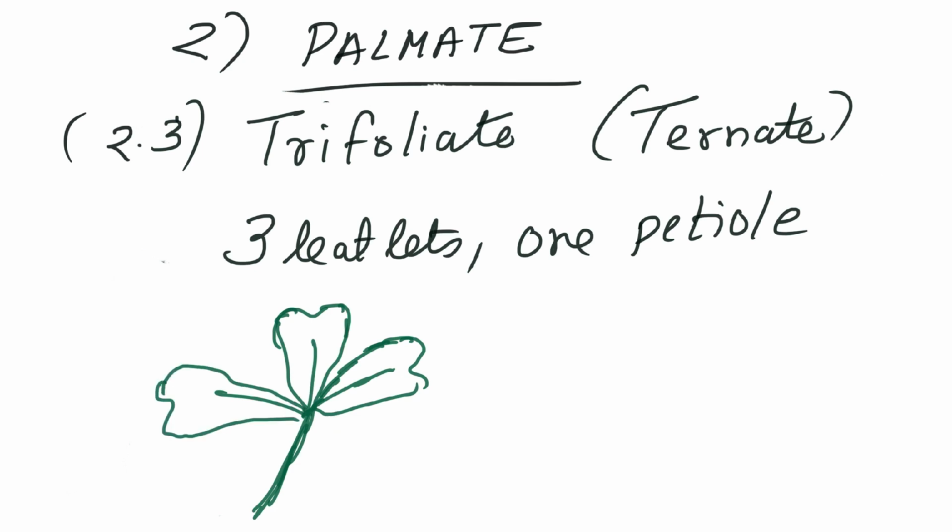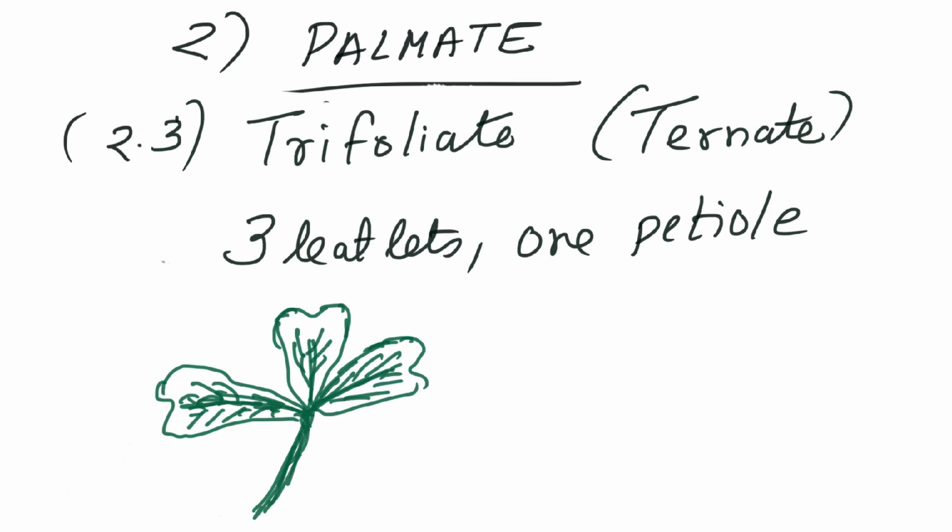You can see that the leaflets are developing from a common point where the petiole ends. And once again, don't forget that it's not three individual leaves developing from the petiole. Of course, one should also remember that a petiole basically means meant for one leaf.